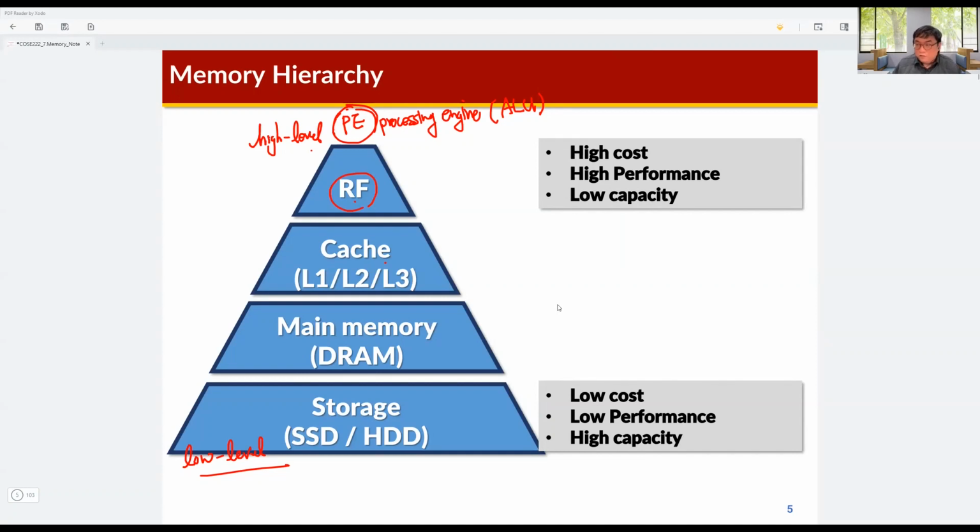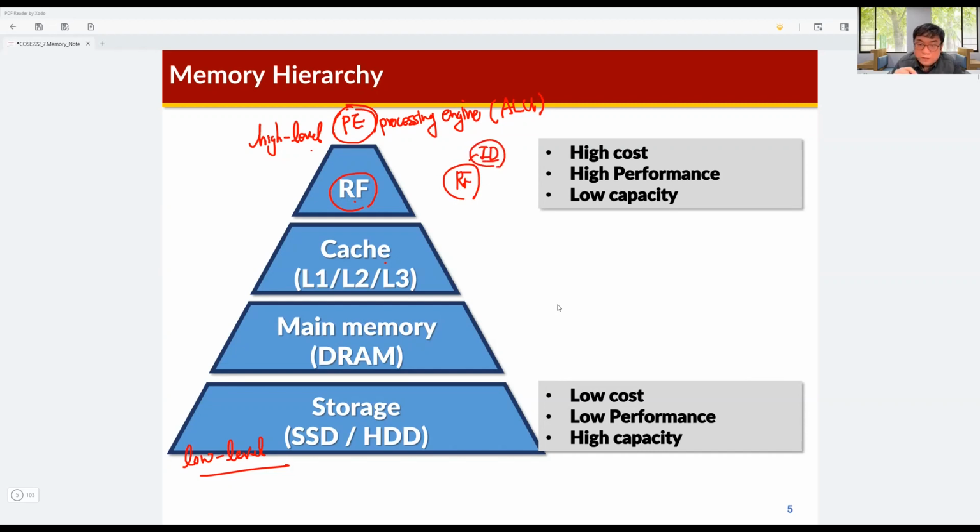As you know, the size of the register file is very small, but the register file is very fast. Think like this. We learned about processor architecture in chapter 4, and the register file is in the ID stage.